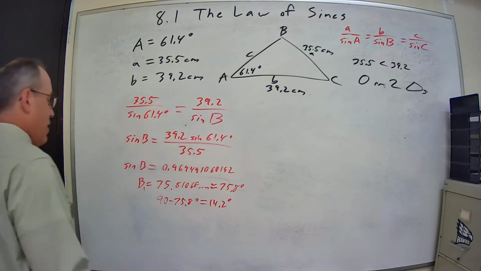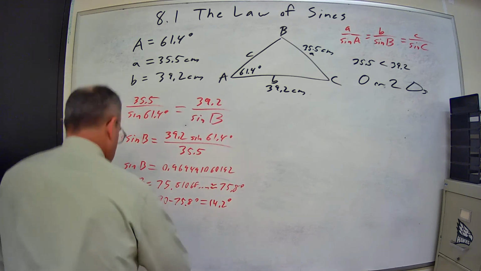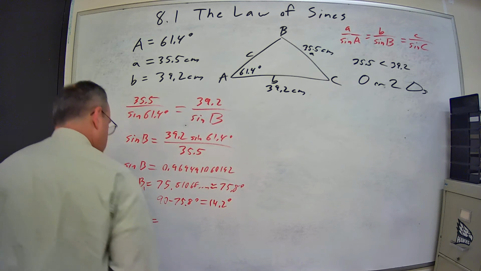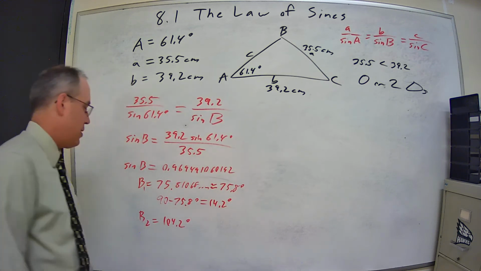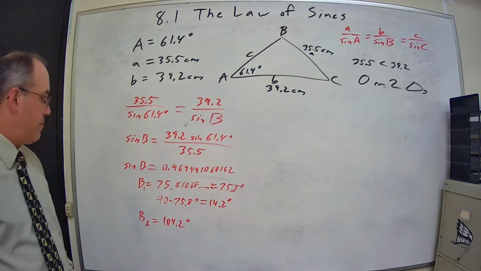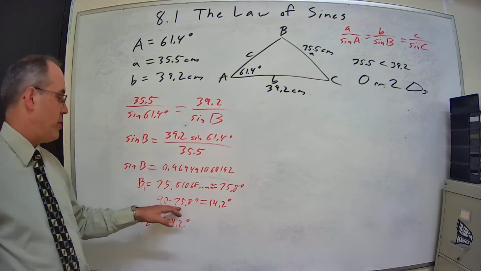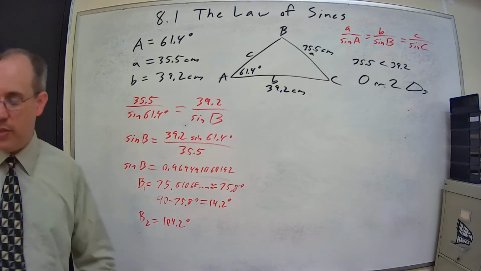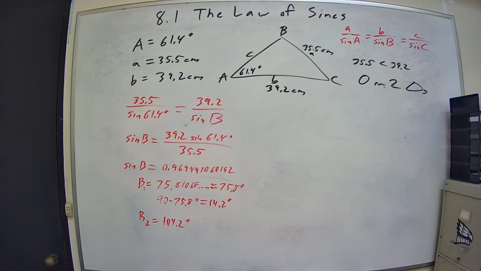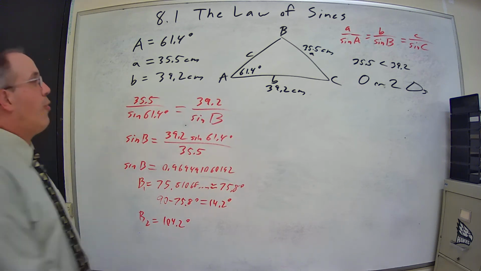So that would give us 90 plus 14.2. So B2 is equal to 104.2 degrees. So it's either 14.2 degrees less than 90, or it's 14.2 degrees greater than 90. So those are our two possibilities for B.